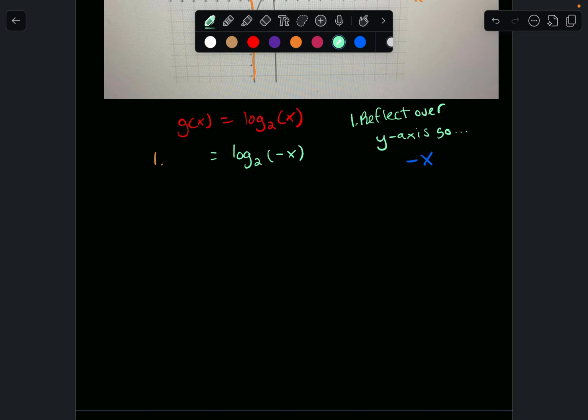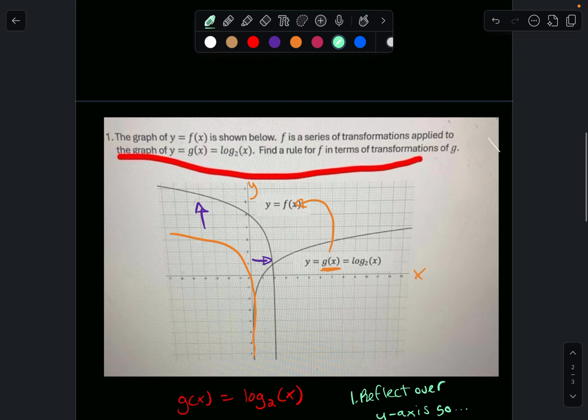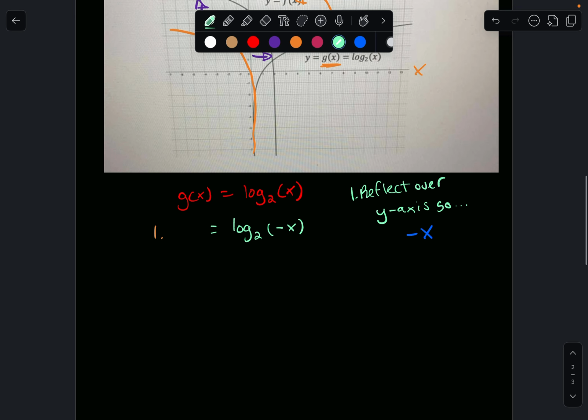Then we're shifting right by, are there any variables here? We typically use h and k for these kinds of things, for right and up.